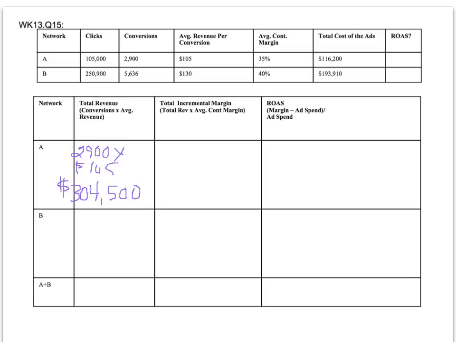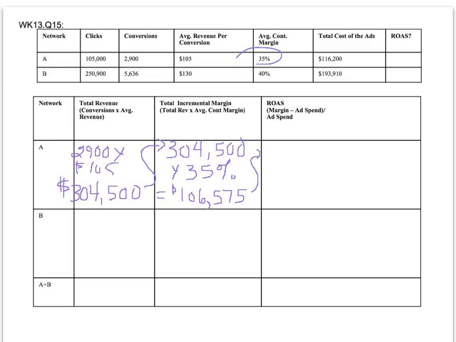Moving that along over here to calculate incremental margin, we see here that the average contribution margin on products purchased by folks that came in to our website via ads placed on network A was 35%. So in this case, the incremental margin yielded is 106,575.